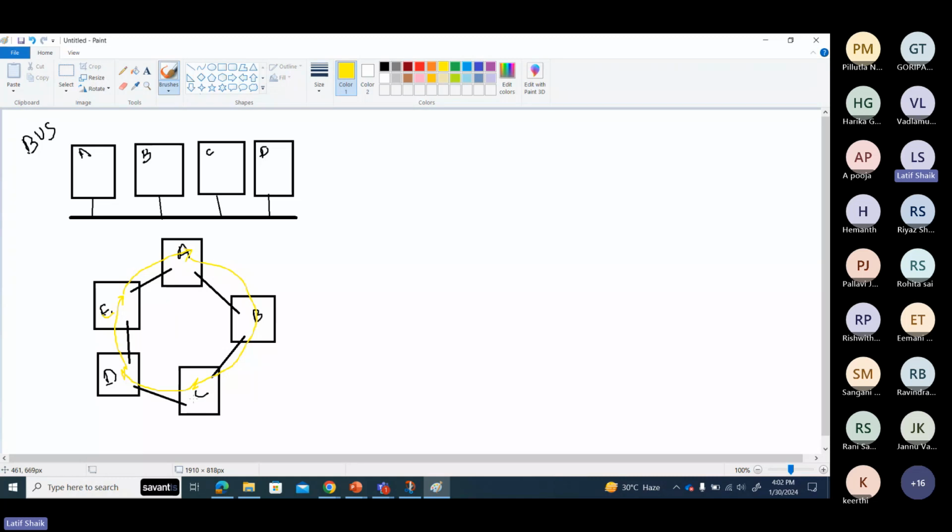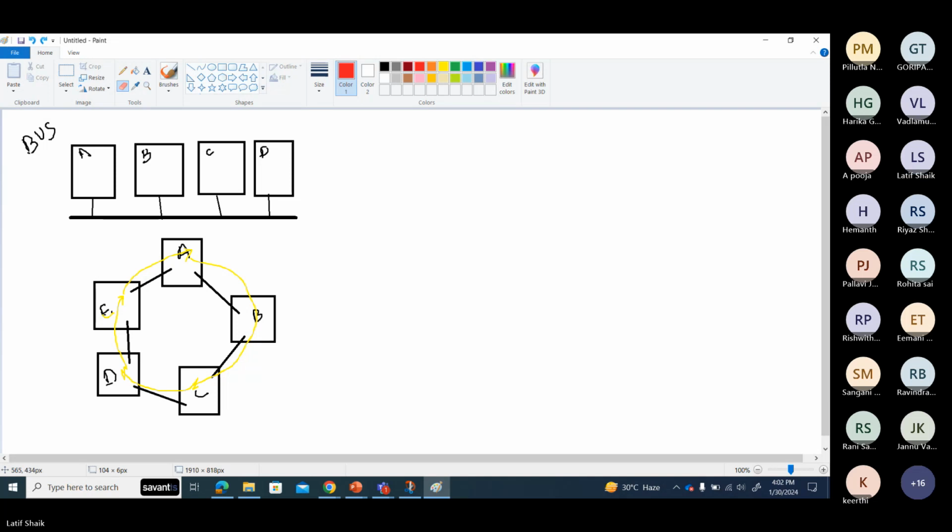It means the end device will connect to the starting device. If you want to add one more device, again you have to reconfigure. It is not simple connectivity and disconnectivity, guys. Again, you have to configure how it should communicate. It is a big headache for an organization.